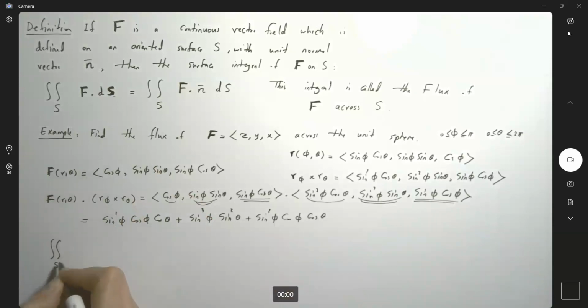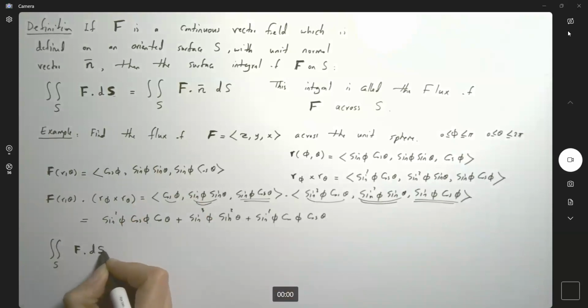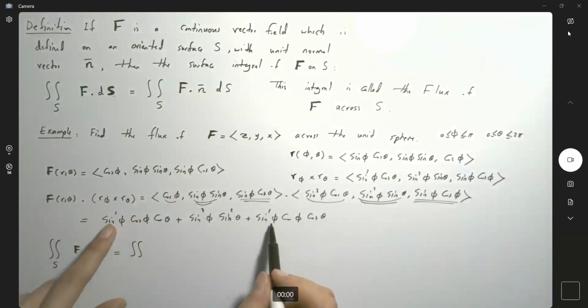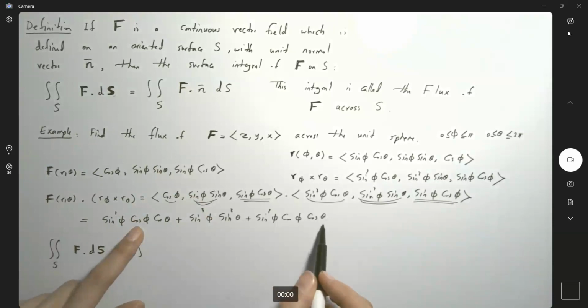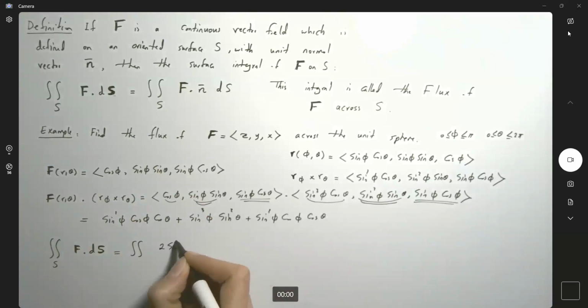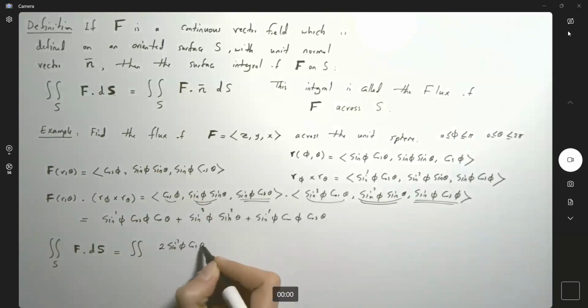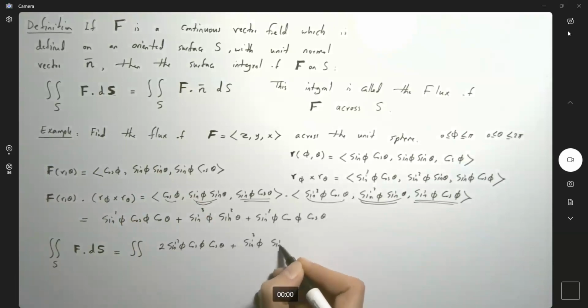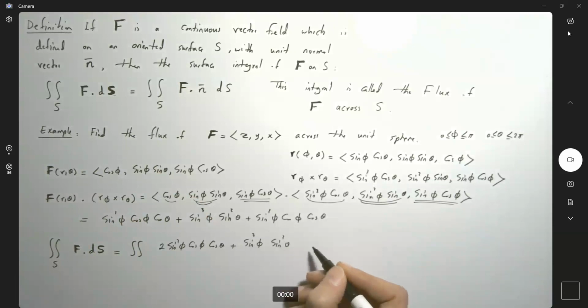The double integral of F dot dS is equal to the double integral of 2 sine squared phi cosine theta plus sine to the third phi sine squared theta, d phi d theta.